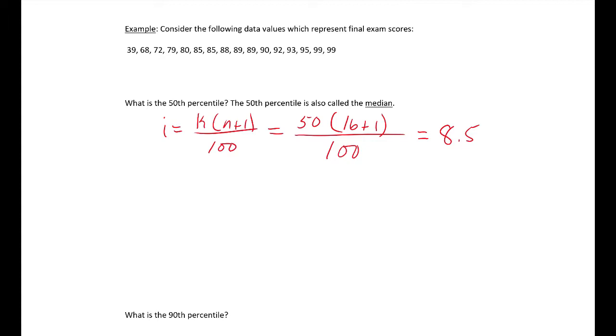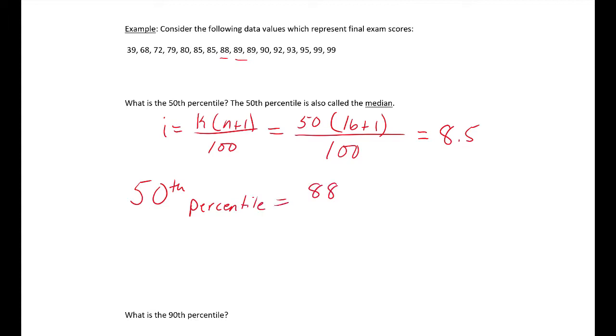Okay, so let's see that. Let's come from the left here. 1, 2, 3, 4, 5, 6, 7, 8. 88 is the 8th data value. 89 is the 9th data value. So therefore, our 50th percentile will be the average of 88 and 89.